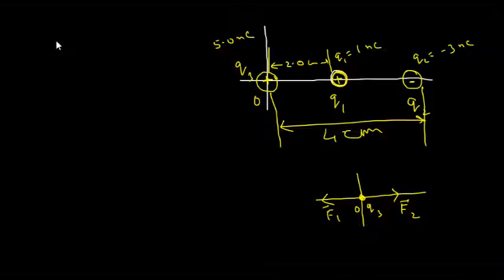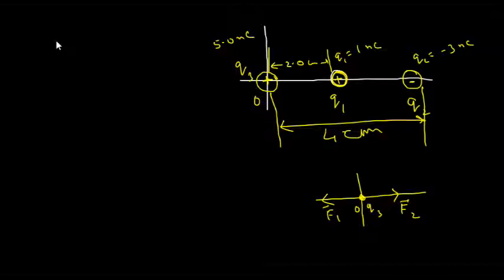From the diagram we can see that Q1 and Q2 have different charges, one is plus and one is minus, so they will be attracted.